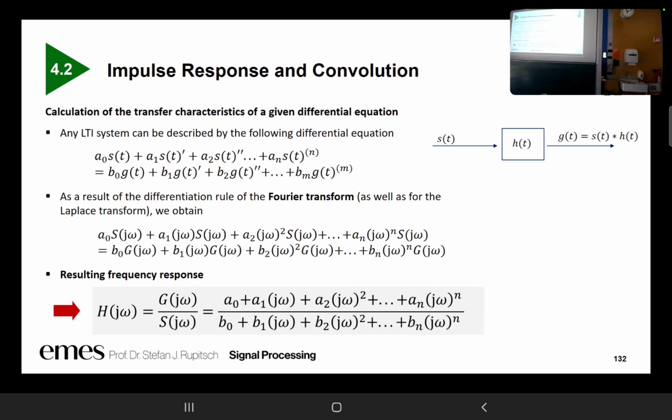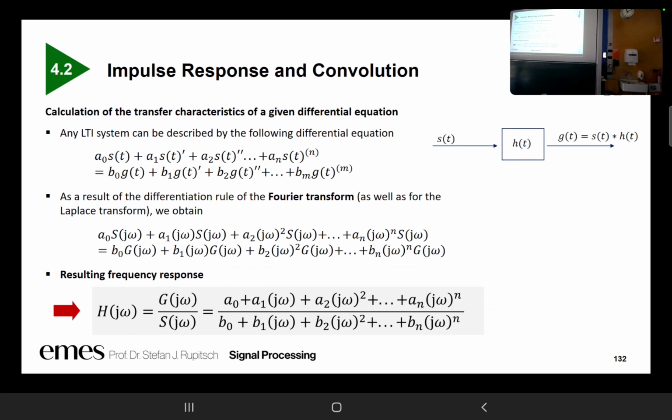We can directly obtain the frequency response by dividing uppercase G of j omega by uppercase S of j omega. This uppercase G is the output of the system for the input signal S. That's the transfer behavior in the frequency response analysis. You can directly write this down by taking a look at the coefficients of your differential equation, and this is written here.